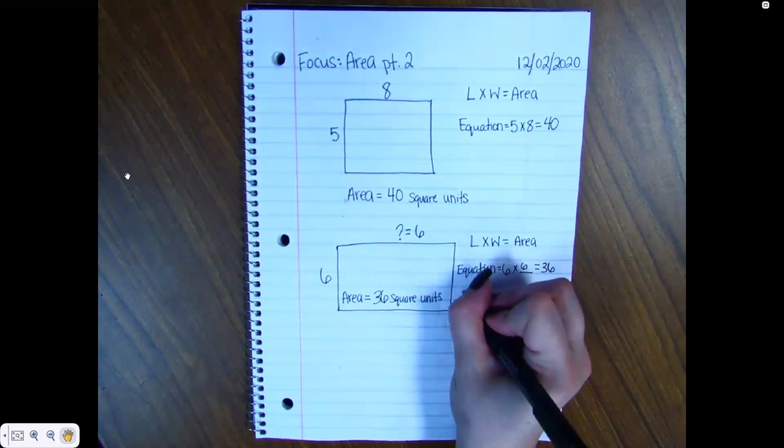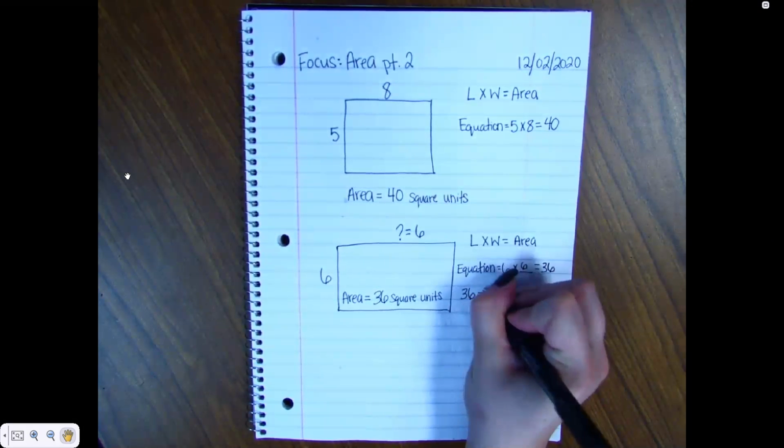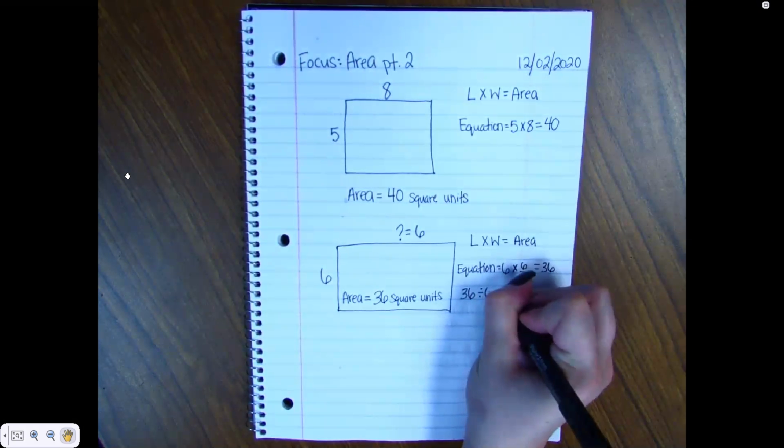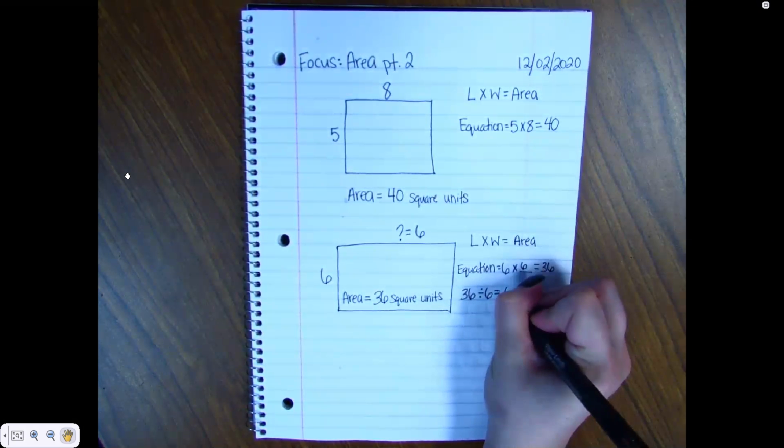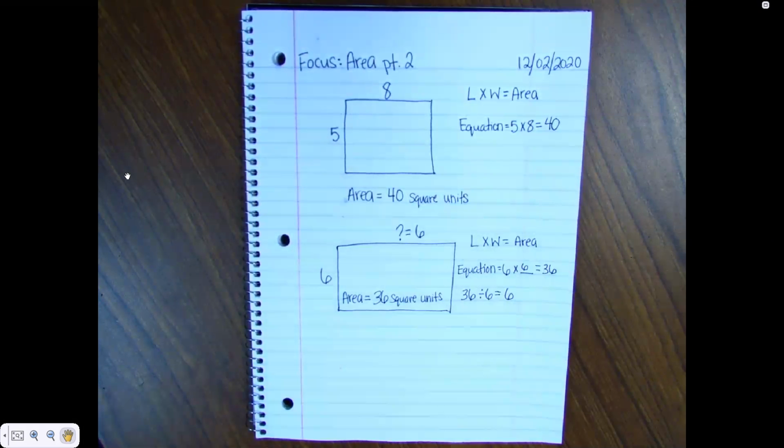You could also have done 36 divided by 6 and then gotten 6, okay?